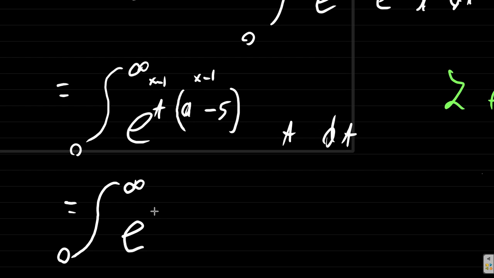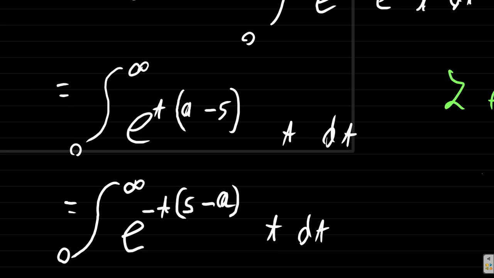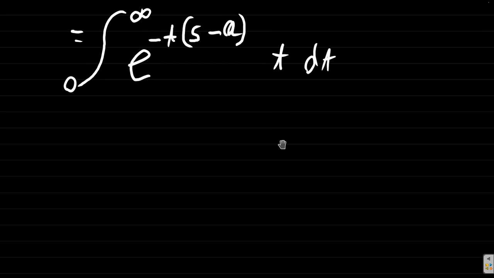So the value won't change. So t times negative 1 is negative t, and inside the bracket, the negative s will become positive s, and the positive a will become negative a. So it's s minus a. You see that? Times t dt. Good. So we have this now.